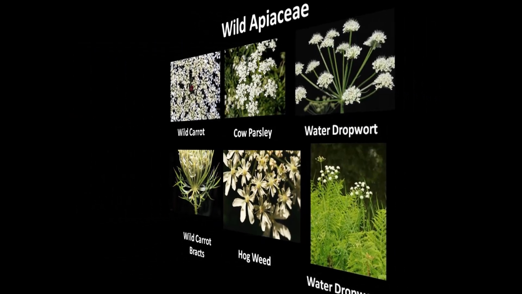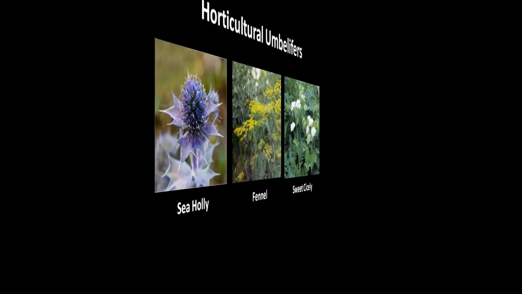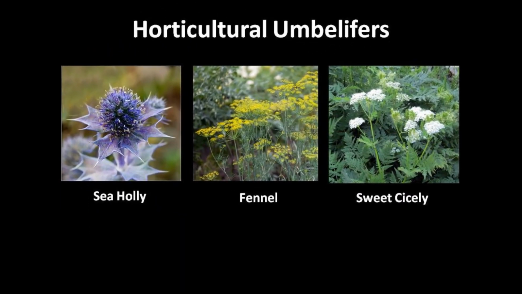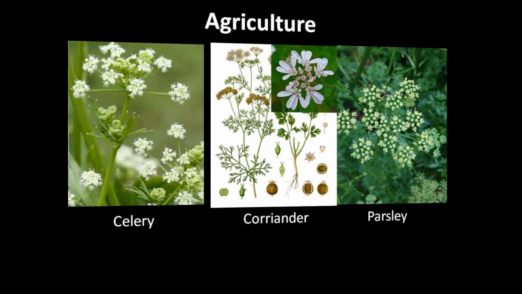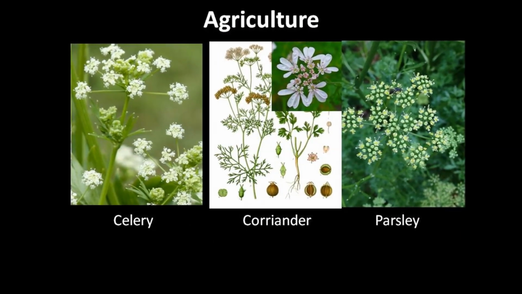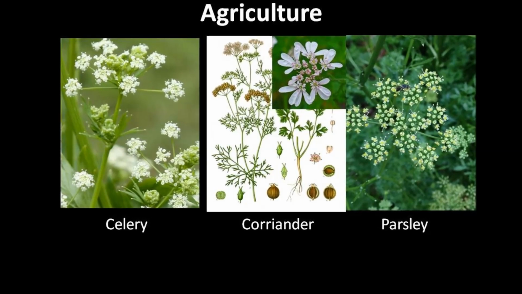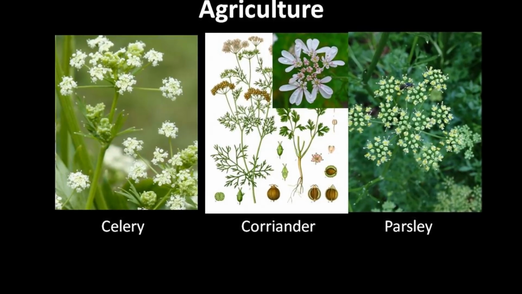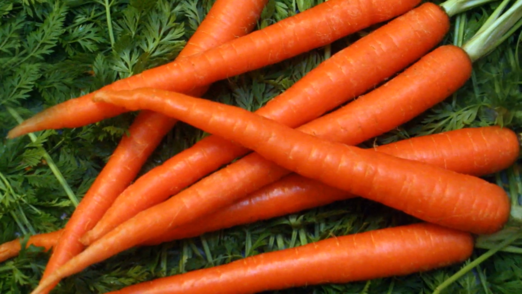We also take a fleeting view of those species relevant to horticulture in terms of their floristic value, herbal use, or use as spice. Likewise, we also identify those species in the family relevant to agriculture, such as celery, coriander, and parsley, and of course, not forgetting the star of the show, the carrot.